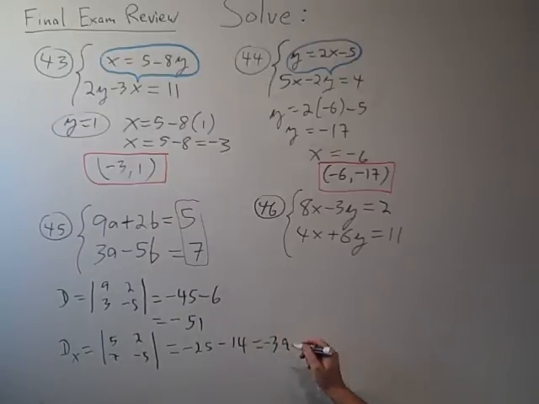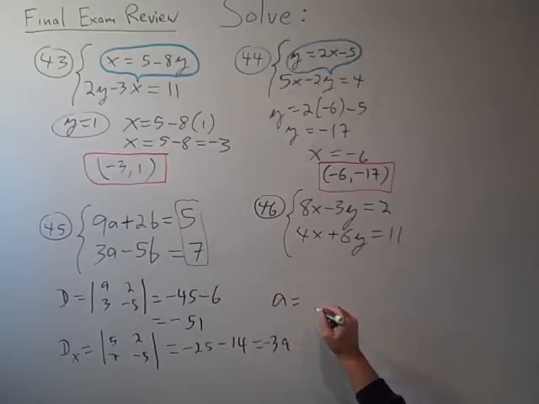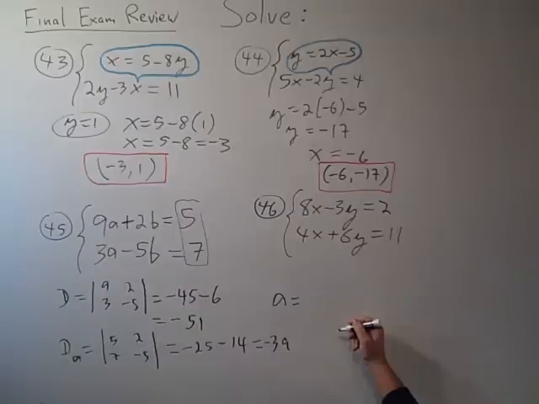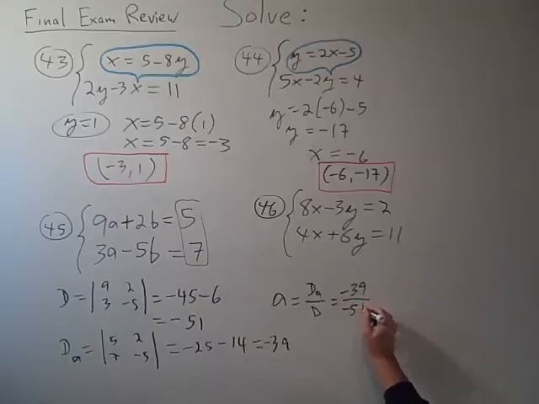And therefore we have our solution for A. This isn't D sub x, sorry, this is D sub A. The A column is the first column there. A is equal to D sub A divided by D, which is negative 39 divided by negative 51.